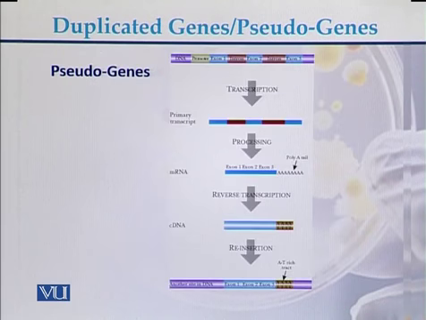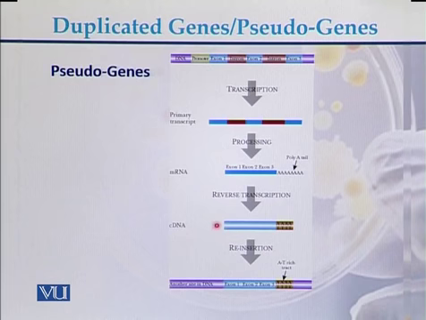And the other phenomenon of how pseudogenes are produced: this is the DNA sequence, and this is the promoter region, exon 1, intron, exon 2, then intron, then exon 3. As a result of transcription, the primary transcript, meaning messenger RNA, is produced. Then this messenger RNA, as a result of reverse transcription, is converted into cDNA.